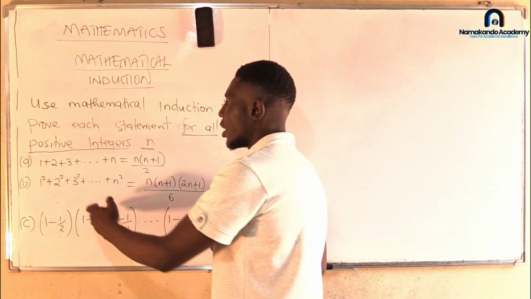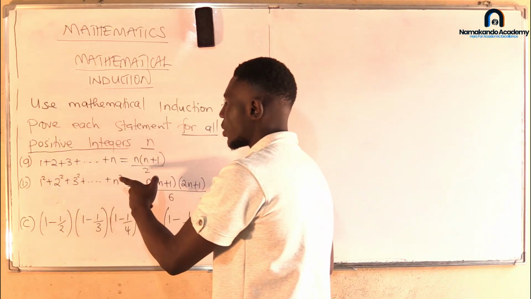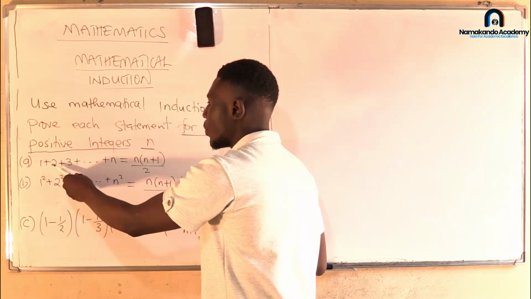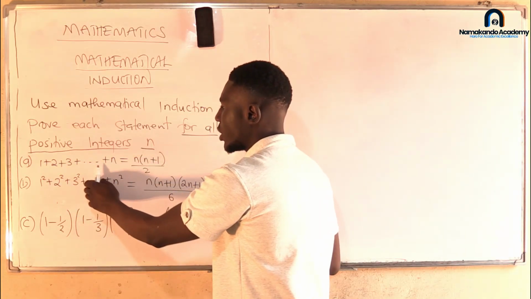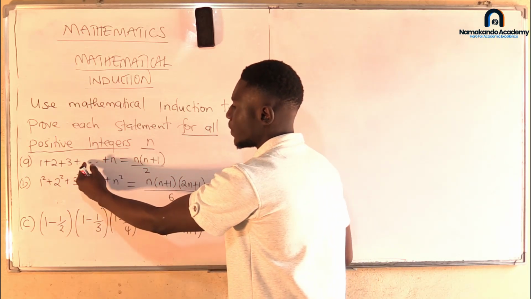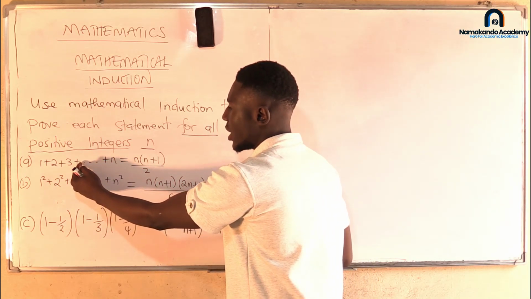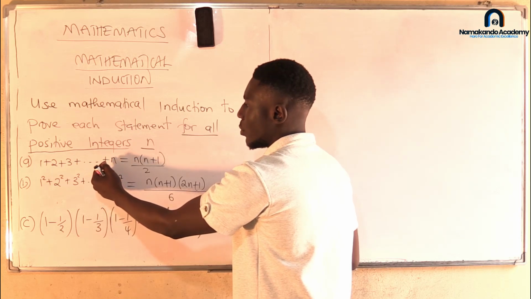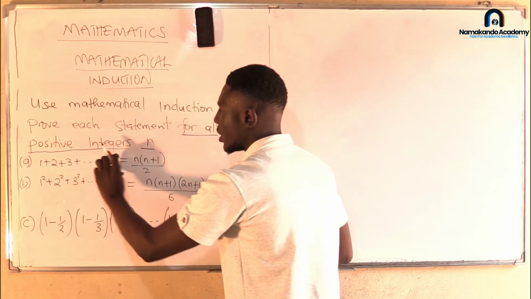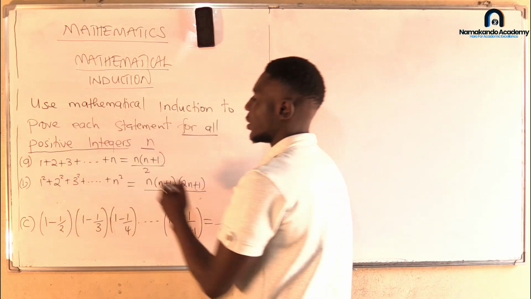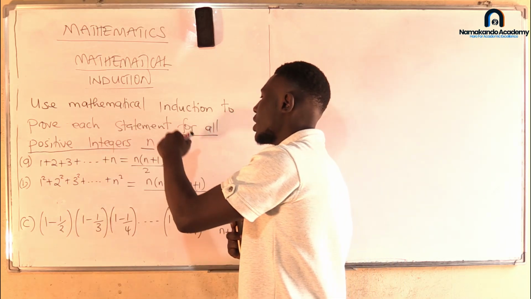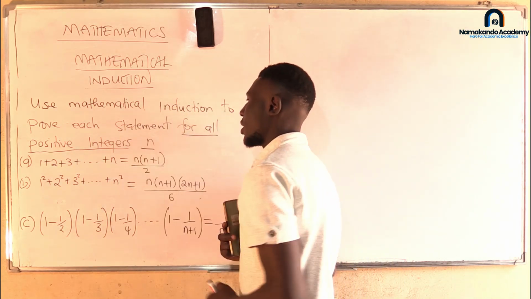Okay, let's look at the first one. The first one is a series on the left, where we have 1 plus 2 plus 3 plus dots. These dots tell us that there are numbers here, but we can't write all of them. The last term in this series is n, and we've been told that n belongs to the set of positive integers.